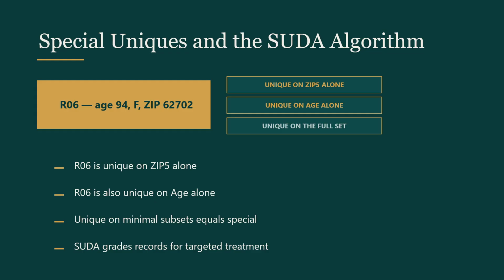In the disclosure control literature, a record like that is called a special unique, and the algorithm that finds them is SUDA, the Special Uniques Detection Algorithm. SUDA works combinatorially rather than probabilistically. Instead of estimating a global risk number, it enumerates subsets of the quasi-identifiers and asks, for each record, "On how many minimal subsets is this record unique, and how small are they?"